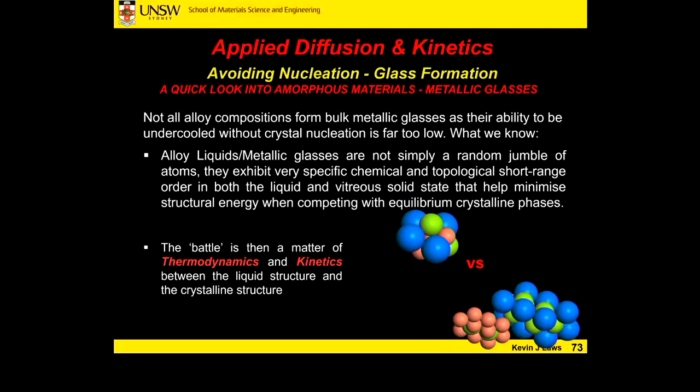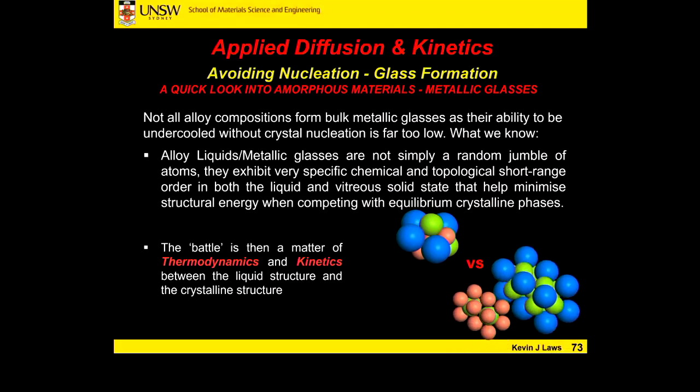So forming the metallic glass becomes this kind of battle between the structure of the liquid, or the structure of the glass, and the thermodynamic driving force and energy associated with the crystals, equilibrium crystal structures or metastable crystal structures the system wants to form. So can we make this structure have a structural energy similar to an ordered crystalline structure? And can we jam atoms in space in such a way that they don't want to move away from this structure to create this structure?